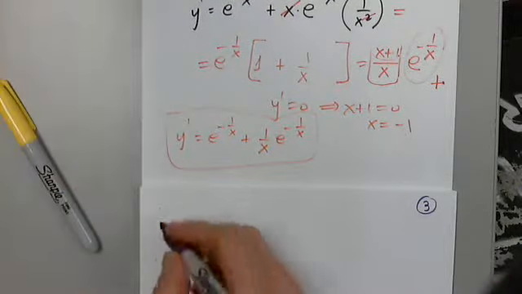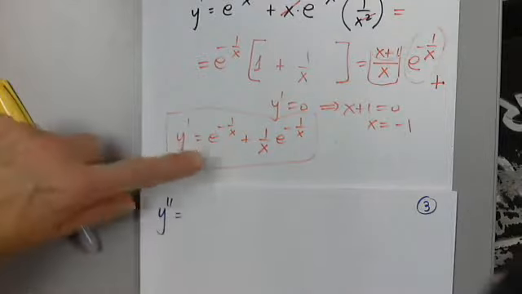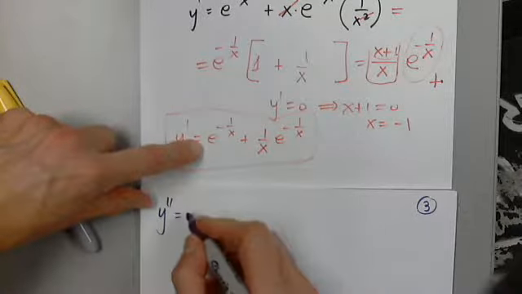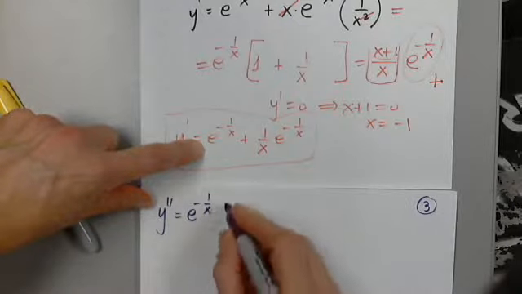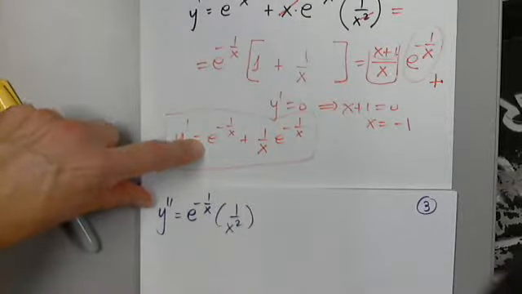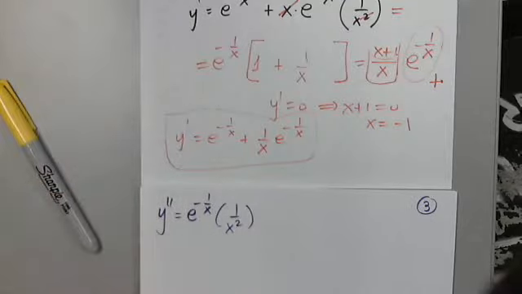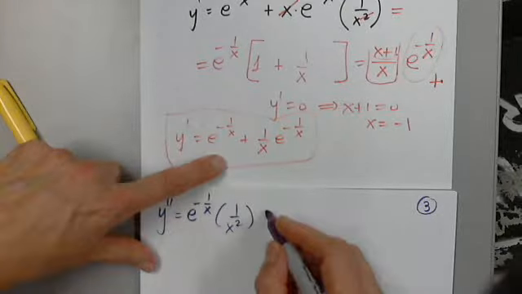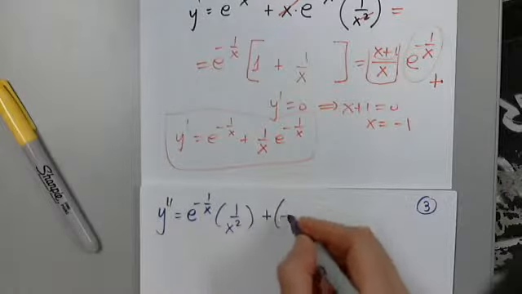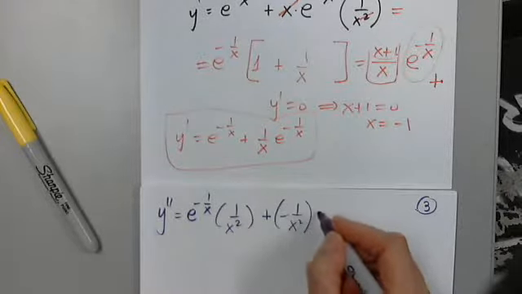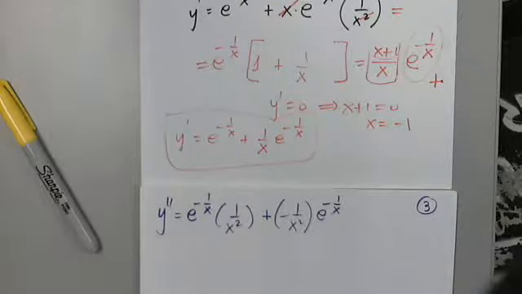Okay, so the second derivative. e to negative 1 over x prime is e to negative 1 over x multiplied by 1 over x squared. This is already the third time we do this, right? And then plus, I differentiate the first function and get negative 1 over x squared multiplied by e to negative 1 over x.